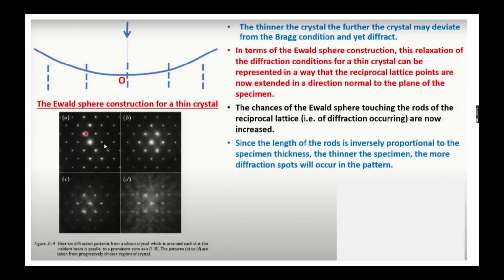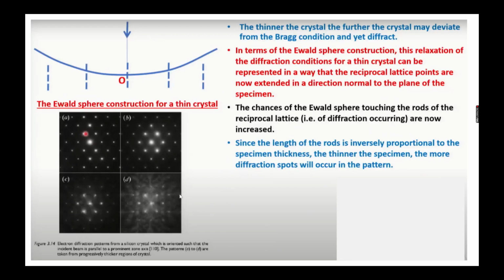When the thickness is increasing, suppose for A the material is very thin, and as you increase the thickness of the material, how does your diffracted spot size change? Here you can see it more clearly, but here you can't, and the size is also changing.